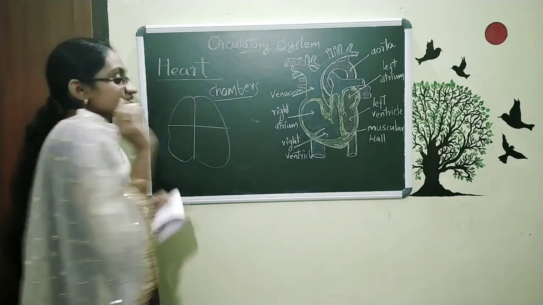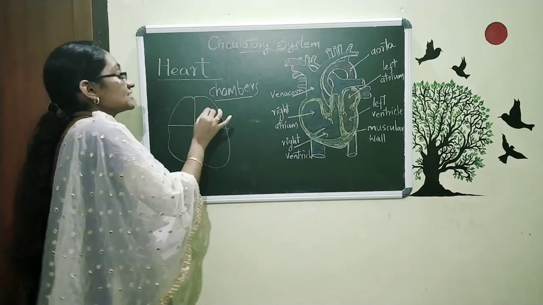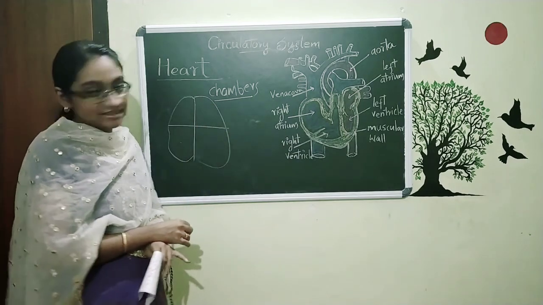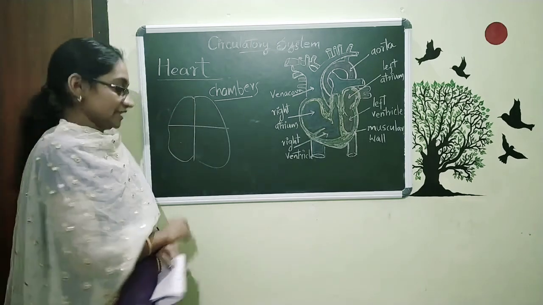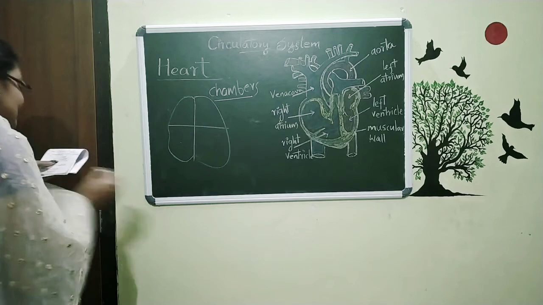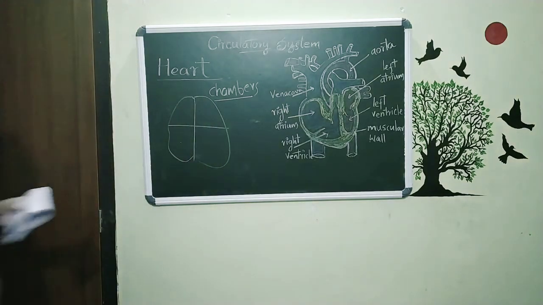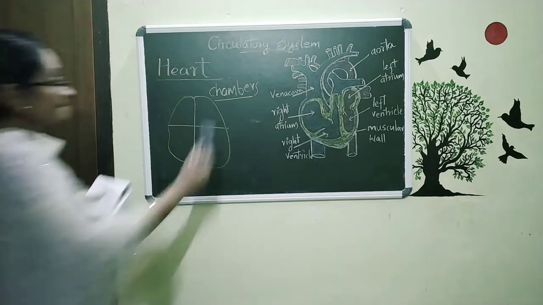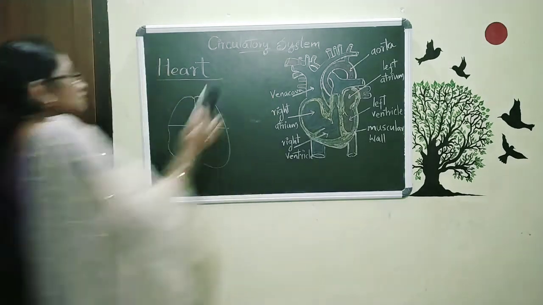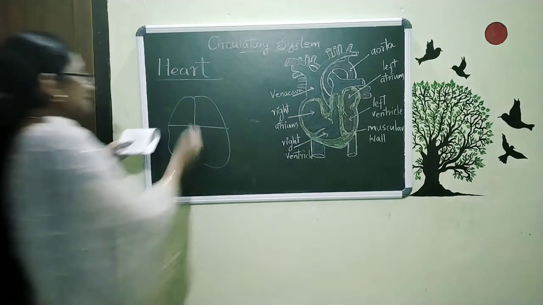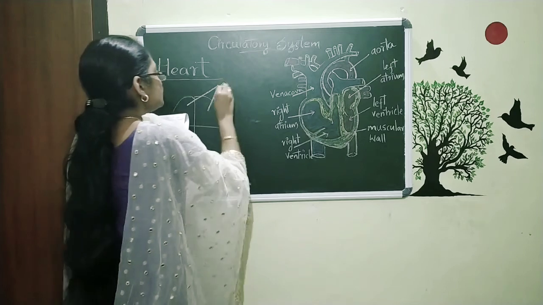The left side has 2 chambers, and the right part has 2 chambers, and each chamber has a different name. The 2 chambers at the top side we call auricles.